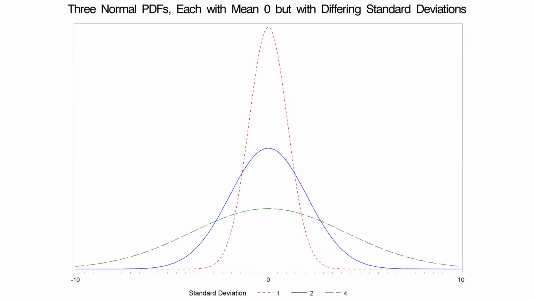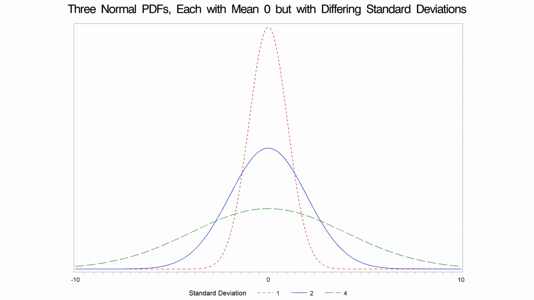Now, this slide shows 3 examples of normal PDFs. Each of these distributions has a mean of 0, but they have different values for their standard deviation. And so the red curve is the PDF of a standard normal distribution, because that distribution has a mean of 0 and a standard deviation of 1.